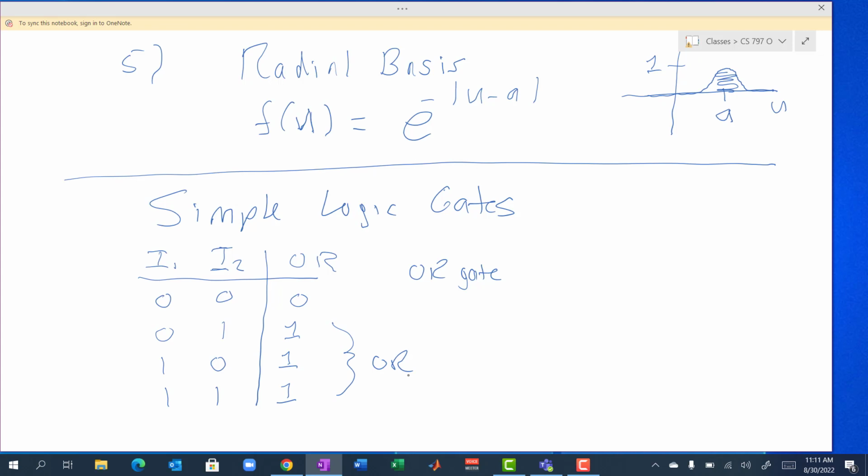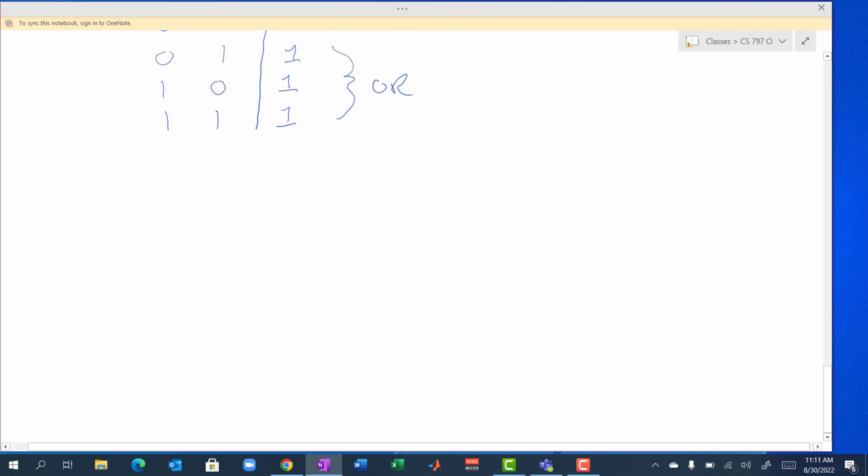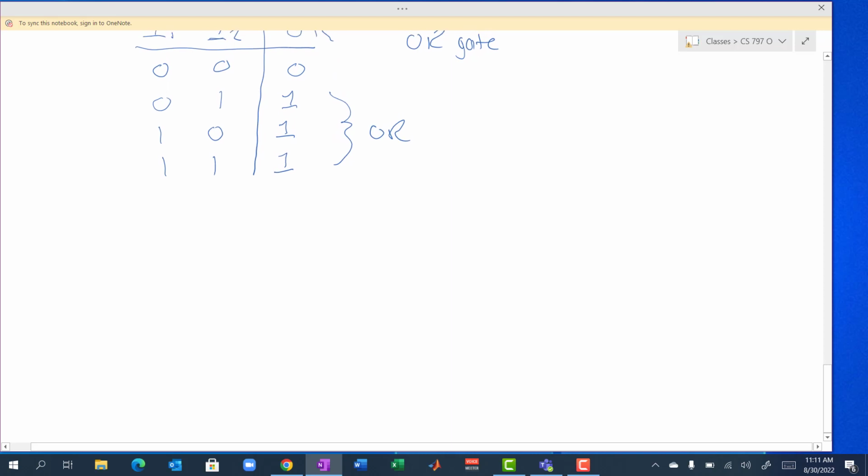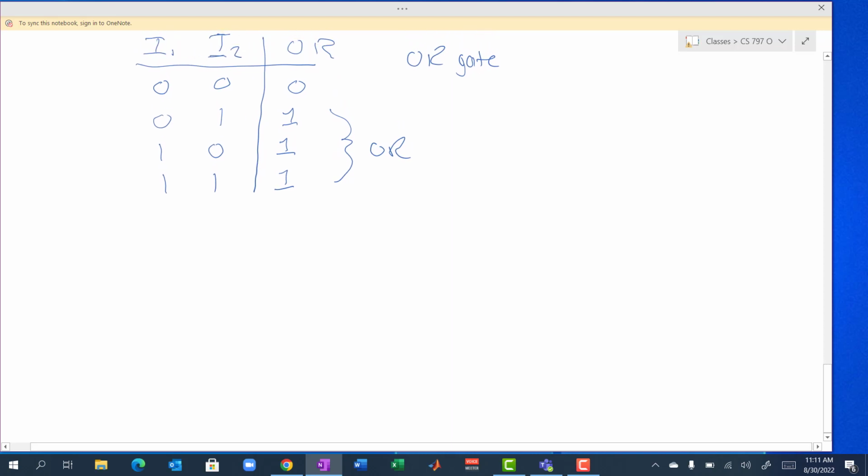So let's look at a neural network that does this logic gate. So let's leave the data there. Draw 2 input neurons. And all these do is copy the input to the output. And they're linear.